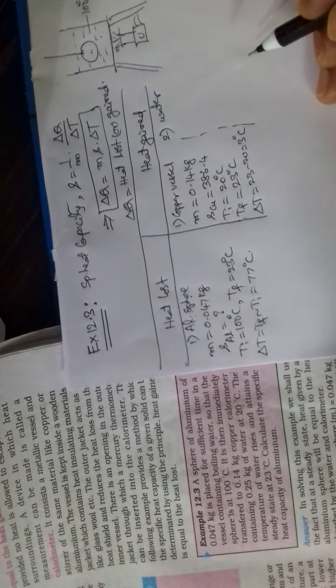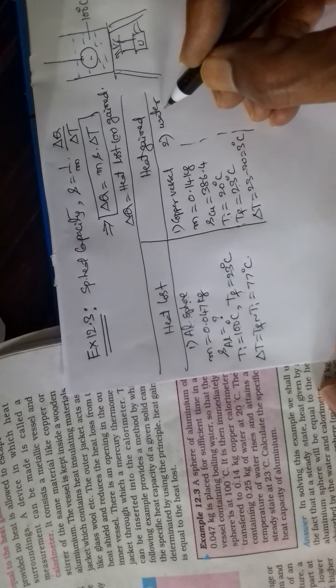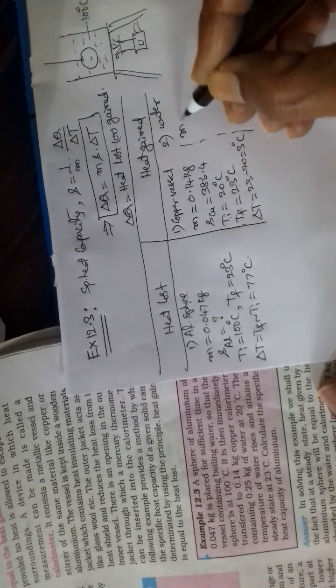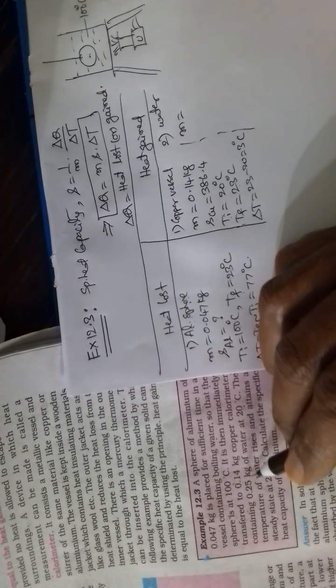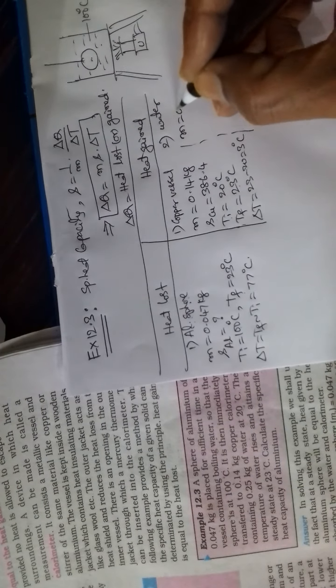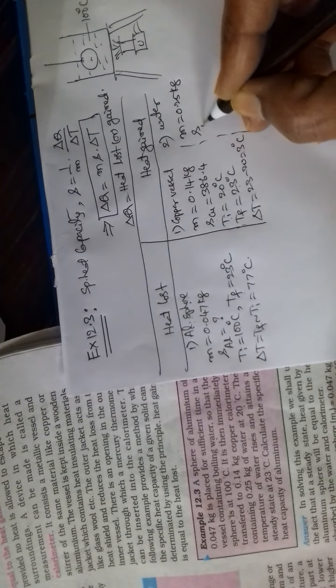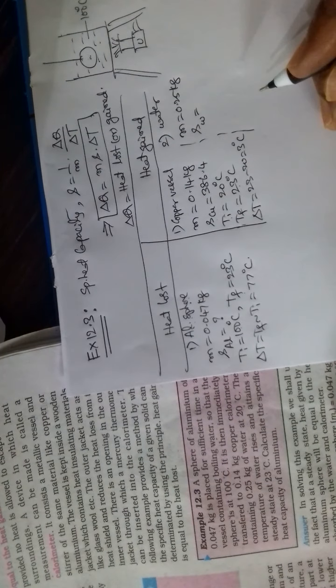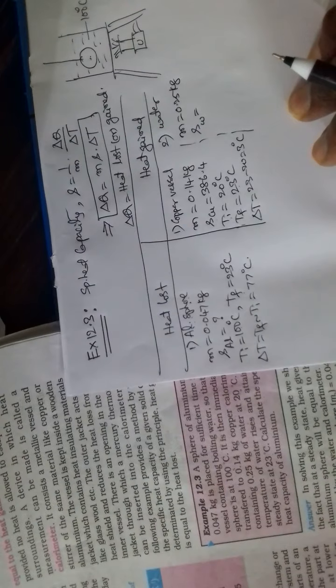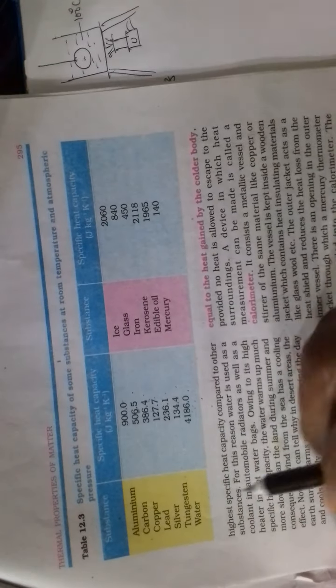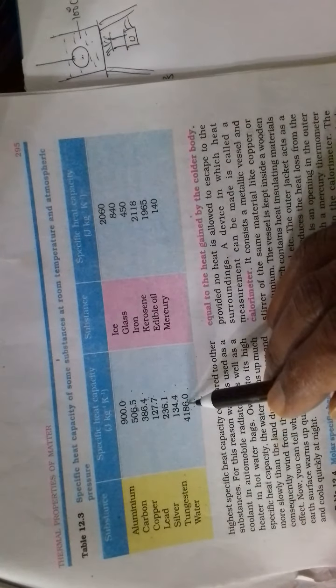Now water. What is the mass of the water? 0.25 kg. Its specific heat capacity, see, again, let us go to the table: water 4186.